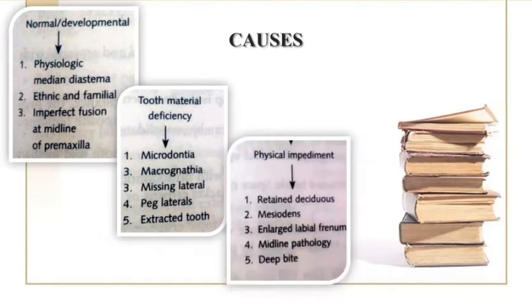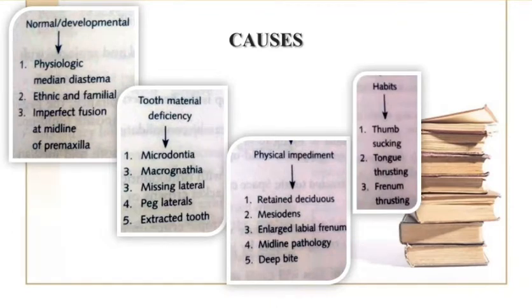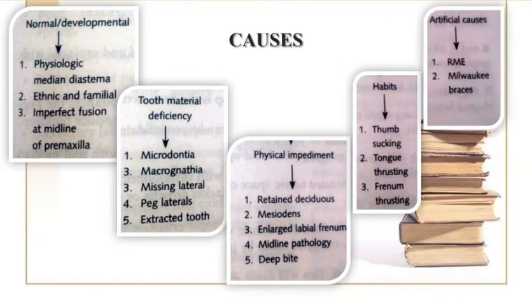If it is a case of physical impediment, retained deciduous, mesiodens, enlarged labial frenum, midline pathology, deep bite. If it is a case of habits, it can be due to thumb sucking, tongue thrusting, frenum thrusting habits. If it is an artificial cause, it can be due to RME, Milwaukee brackets.